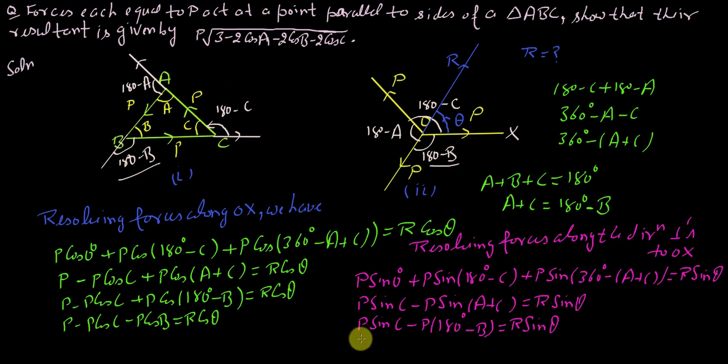Fine. So in the second quadrant, sine is positive. So this will be P sine C minus P sine 180 minus B is equal to R sine theta. Sine 180 minus B, in the second quadrant, sine is positive, it will be sine B. R sine theta.